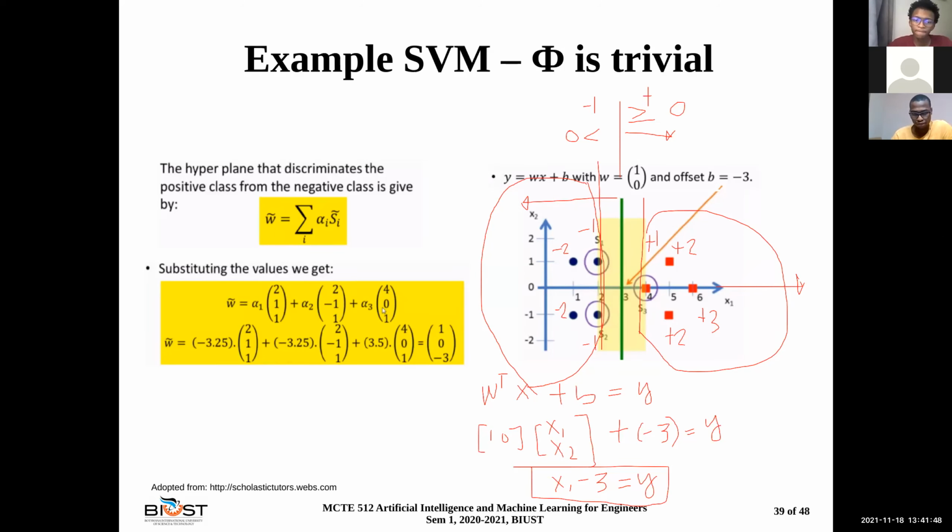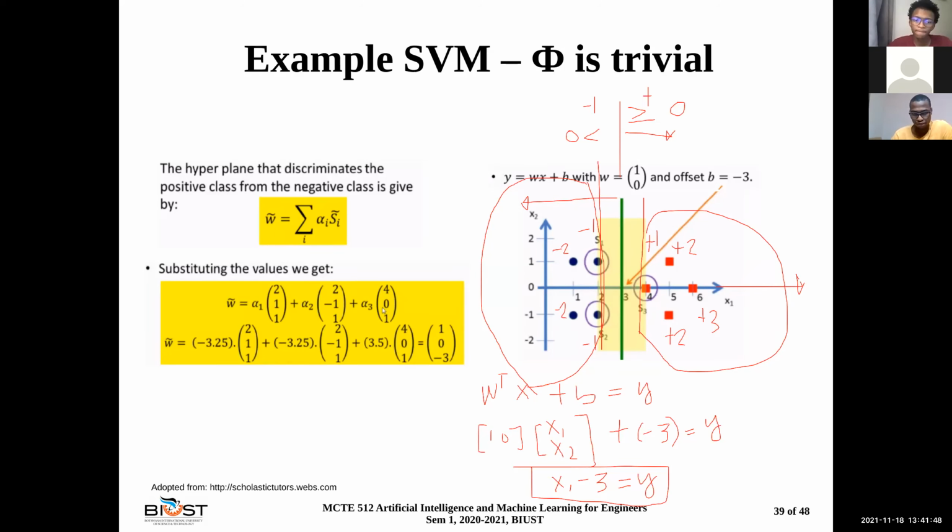Because it is not linearly separable, the point is we bring the data into the feature space, into another space. We transform our input space into another space in such a way that when we go to that feature space, we can separate them linearly.